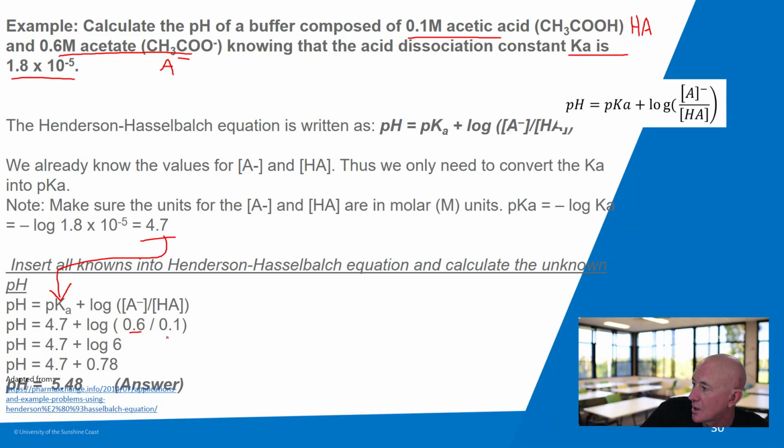The HA concentration is 0.1. Obviously 0.6 divided by 0.1 is 6, so it's the log of 6 plus 4.7. We end up with the pH being 5.48. That's the answer. So that's the pH when you have that particular buffer system.